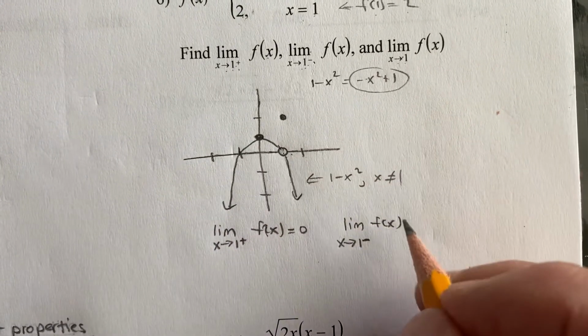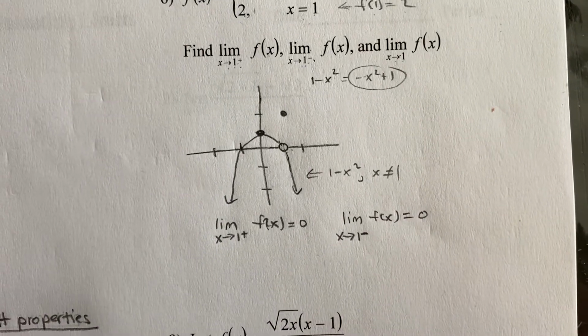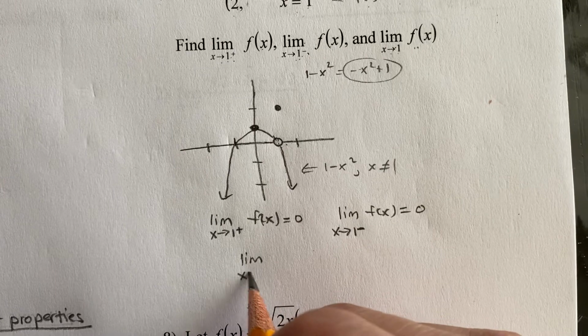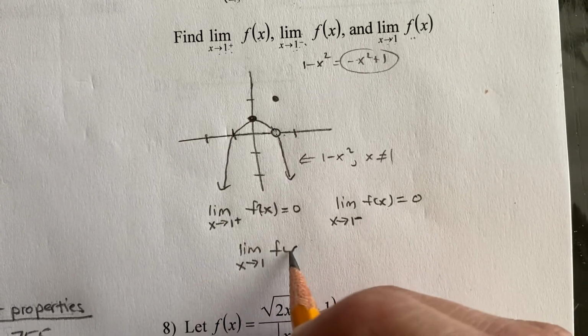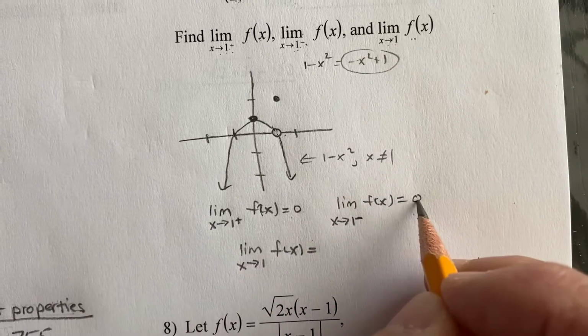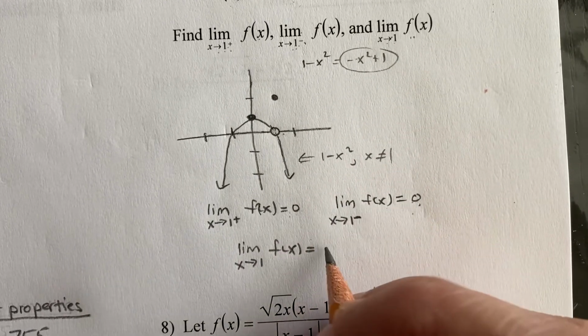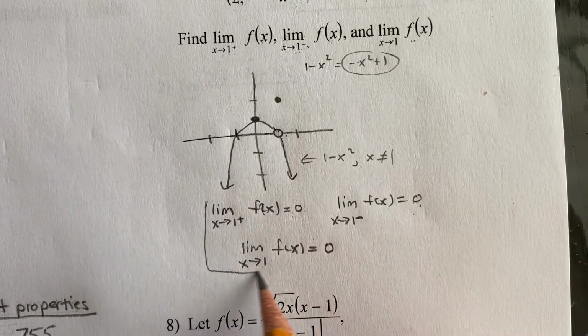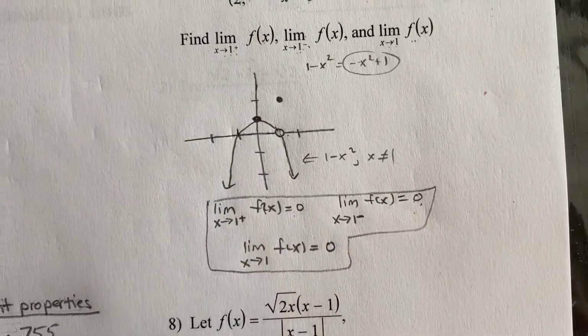The y value is also getting close to 0. And so what's the limit overall? The limit as x approaches 1 of f of x, right? This is my left-hand side. This is my right-hand limit. They both have to equal the same number. And if they both equal the same number, well, that's just the limit overall. Okay? So this would be the solution to your limit problem on number 6.